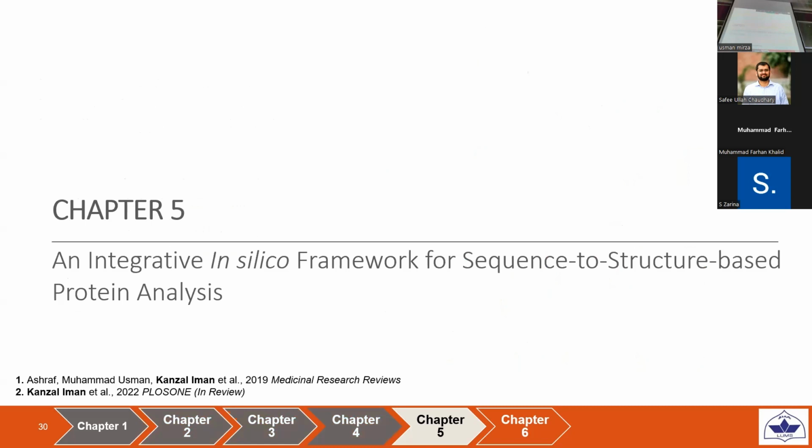So we have developed an application of structural proteomics, which is basically an integrative in silico framework for sequence structure-based proteomics.